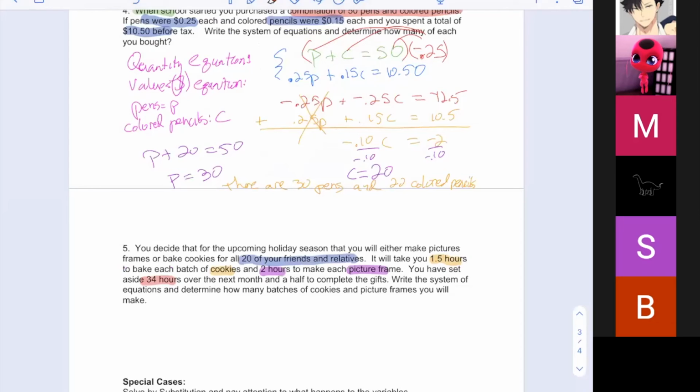Okay. Madeline, can you read it one more time? Number 5. Yep.